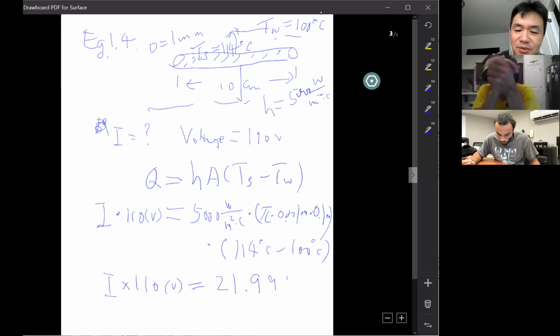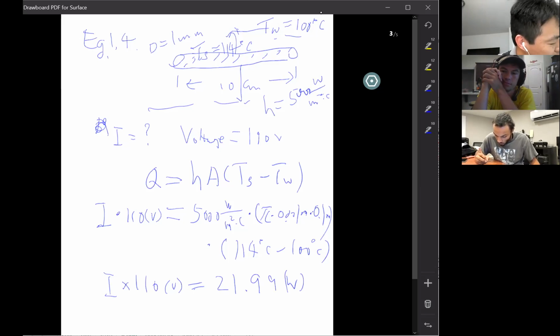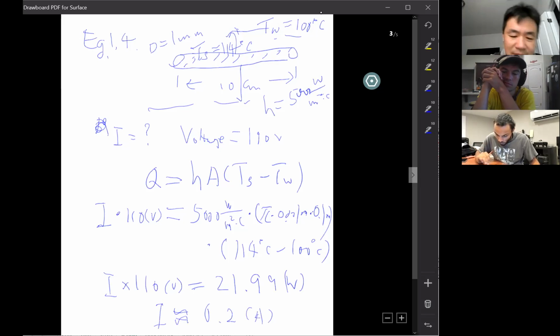That's a reasonable heater. 22 watts is about 75 BTU per hour. So the current is just a tiny bit of current. You don't need much, divided by 110, approximately 0.2. I don't have a calculator with me now. Amp. What unit of amps do you use? Amp?